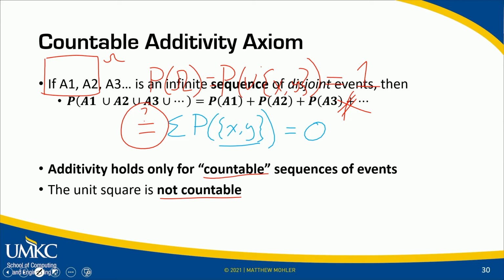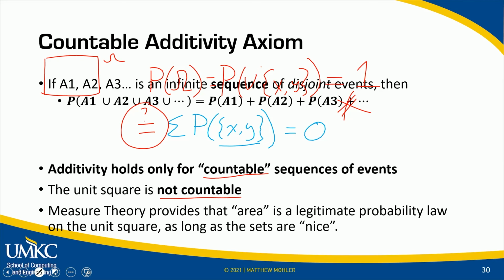But for the purposes of this course, what we'll say is that there is a field of study called measure theory. And measure theory ultimately provides that area is a legitimate probability law for the unit square so long as the sets, the areas that we are trying to evaluate, are nicely formed. Now, again, for the purposes of this course, we aren't going to use any non-nice set areas. We're just going to work with nice set areas.